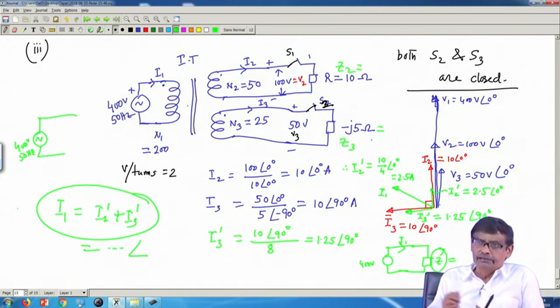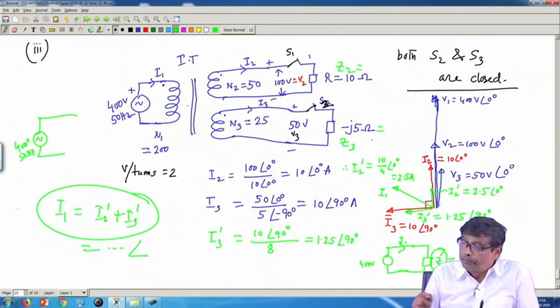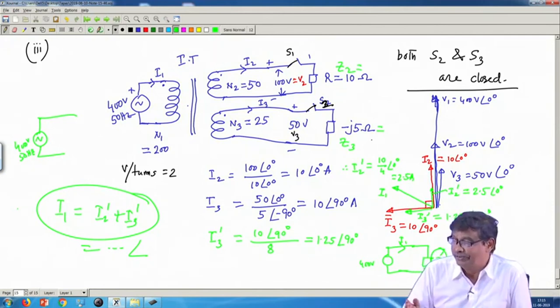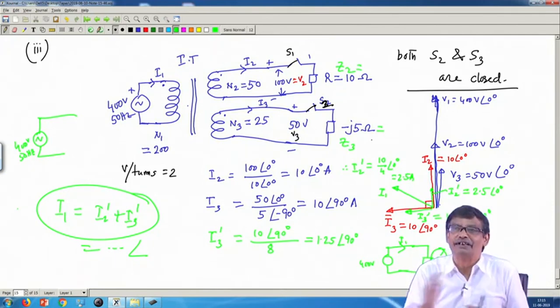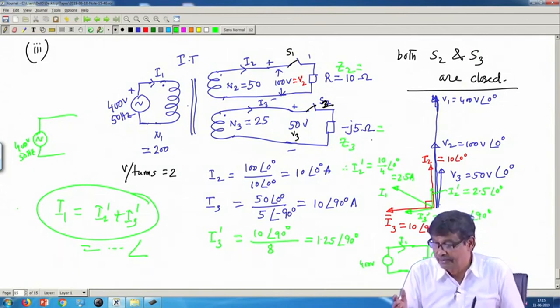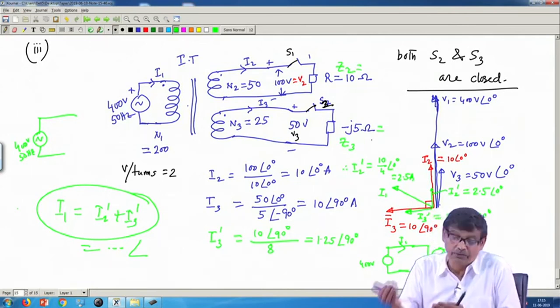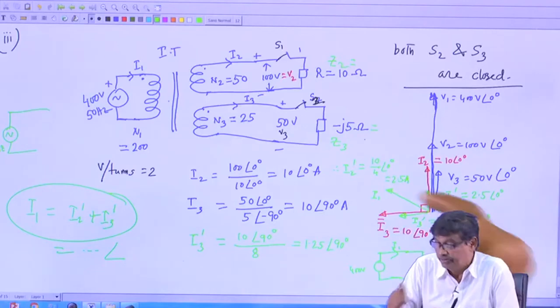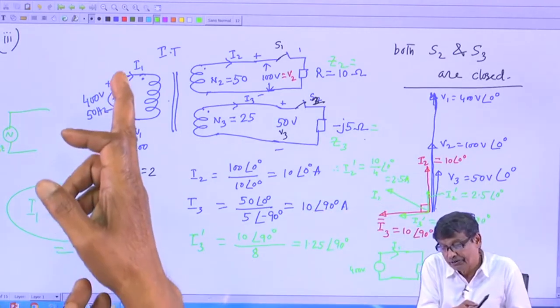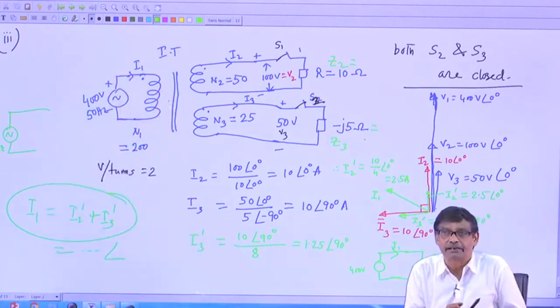If you take these things into account, coupled with this phasor diagram, the comfort zone is that all the voltages are in the same phase. So, you can take them as reference, first calculate the secondary coil currents and then calculate the reflected currents for each of these components, and add them up to get the current drawn from the primary side.